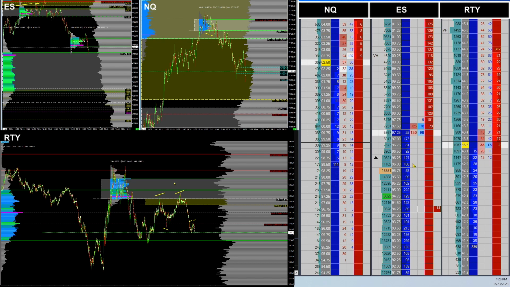Bottom tick. NQ Russell. Got to be careful. There could be a pullback. I may take a little hit. We may take a paper cut here. We're going to cut it.